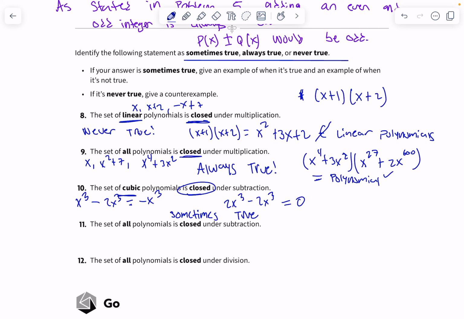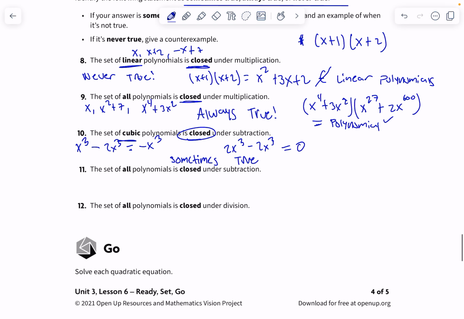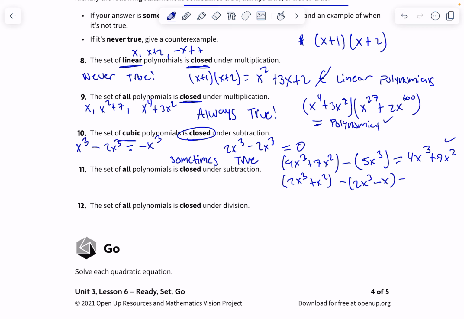So this example right here, number 10, is sometimes true. Sometimes true. Okay. Because for example, if I have like 9x cubed plus 7x squared minus 5x cubed, it is equal to 4x cubed plus 7x squared. Good. But then, like I said over here, if I had 2x cubed plus x squared, and I had minus 2x cubed minus x, this is going to be equal to x squared plus x, which is a quadratic.